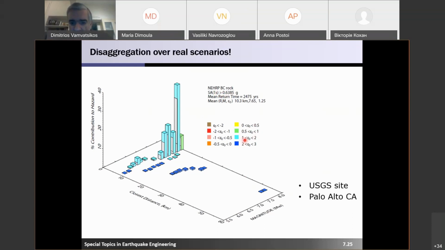So blue ones are really rare. Green ones are less. This is an epsilon of 2 plus, 1 plus, 0.5 and 1. So you have your greens over here, your light blues, cyan, and your darker blues over here. And what this tells you is that, okay, we're expecting, whoa, that's close to San Andreas.